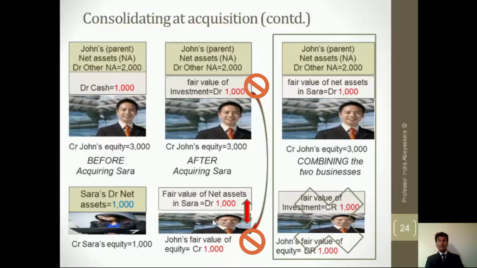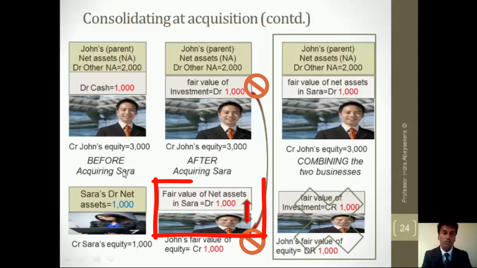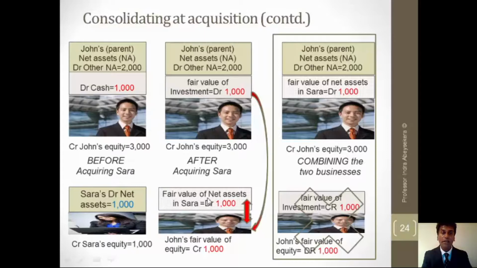But what is there is the assets and liabilities that John bought in Sarah's company. So John's investment gets replaced by Sarah's assets and liabilities in Sarah's company.